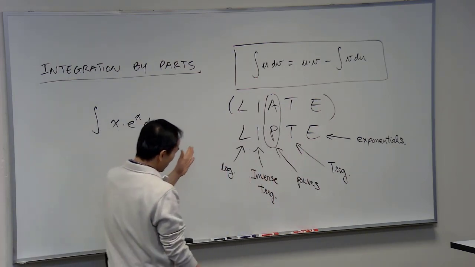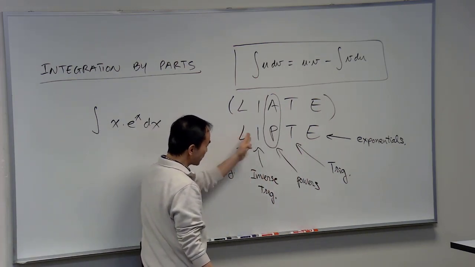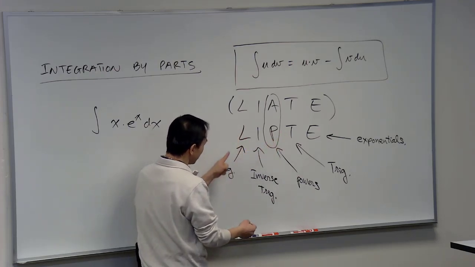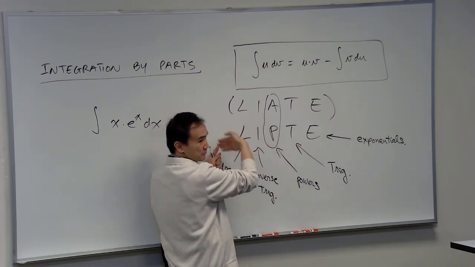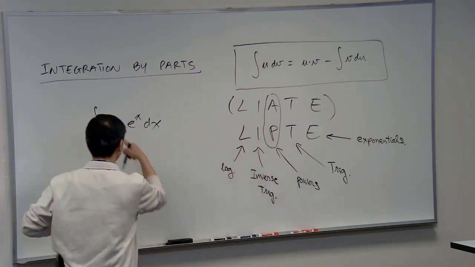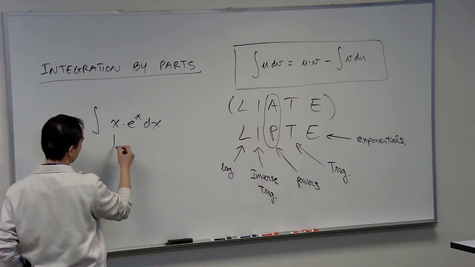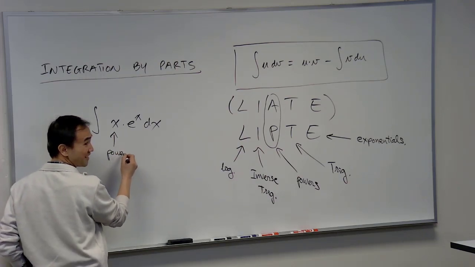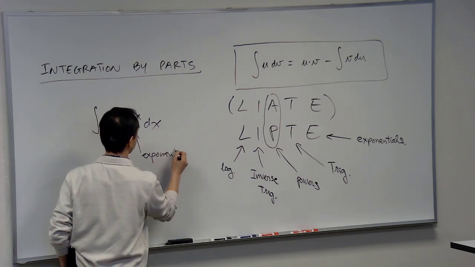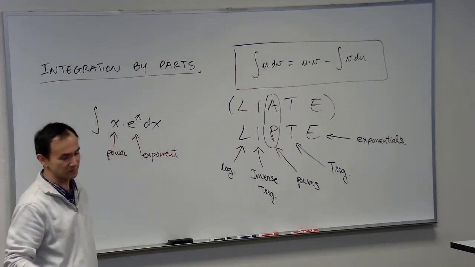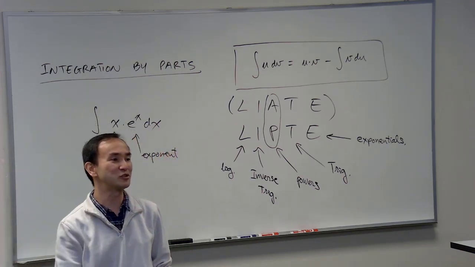So when you're reading this guideline, the letters arranged from the left to the right mean that whichever family comes further left has priority. If you see a product, back to this example, we've got powers and we've got an exponential, and your integrand is a product of those two functions from two different families.